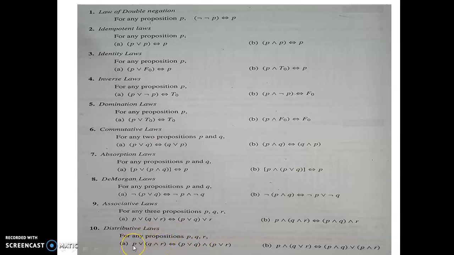So first performing an OR operation with q, and p remains as it is, performing the OR operation, p or r. So this is distribution. The same thing applies to the AND operation also. P or (q and r): first combining the AND operation among q and r, or next, p and r.